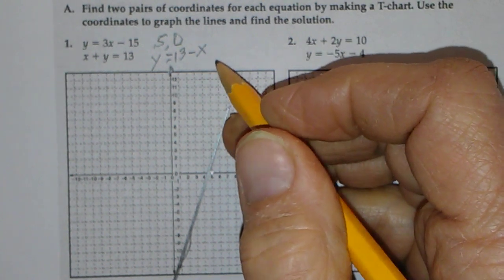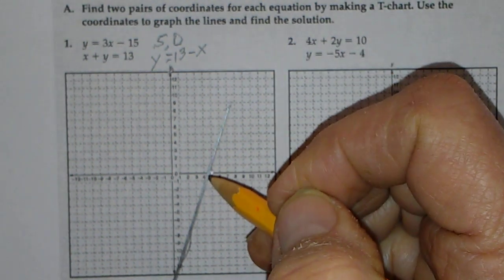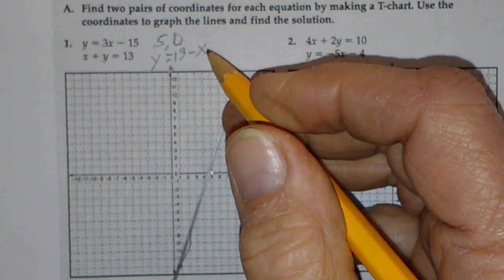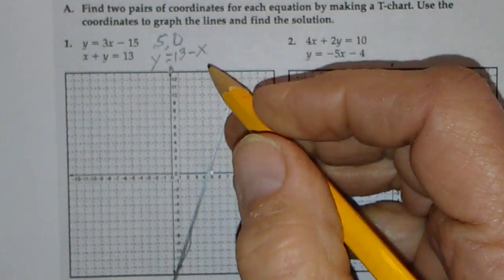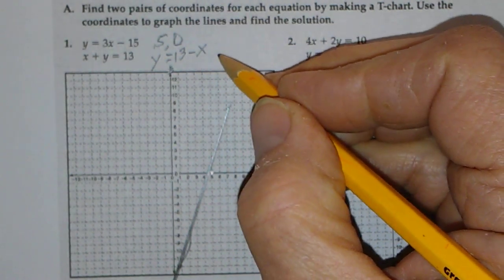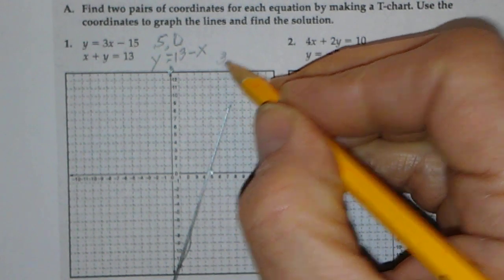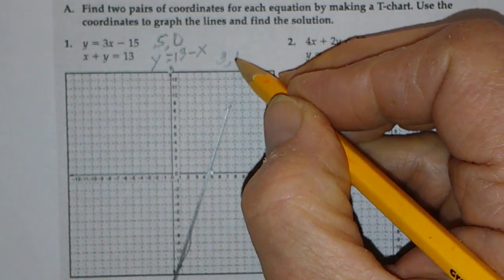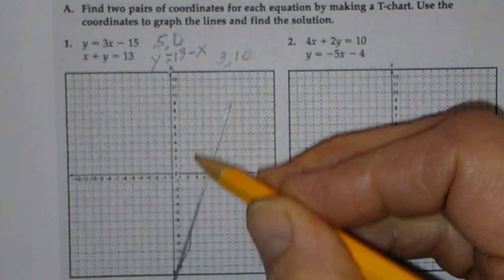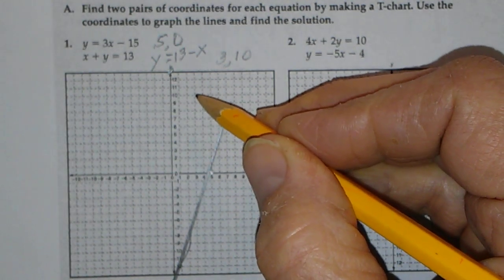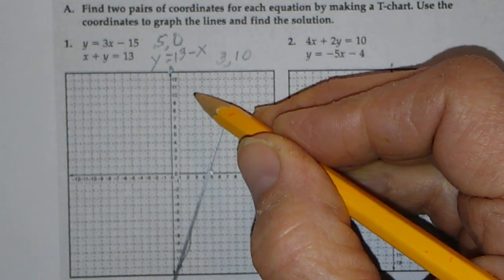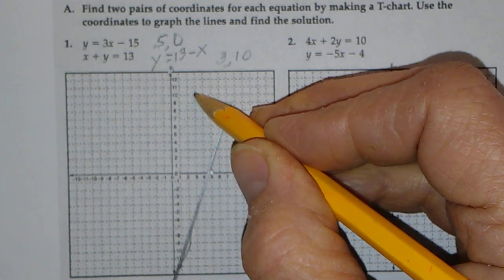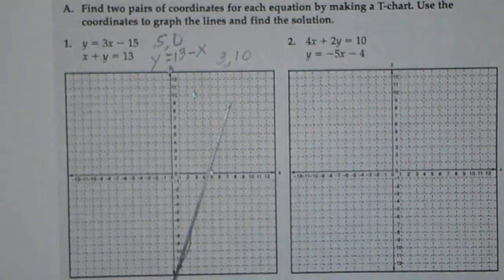Let's pick another one. I don't want to pick 5 again because that's too close to this one. Let's pick 3. So when x is 3, 13 minus 3, y is 10. So 3 comma 10 is right there.